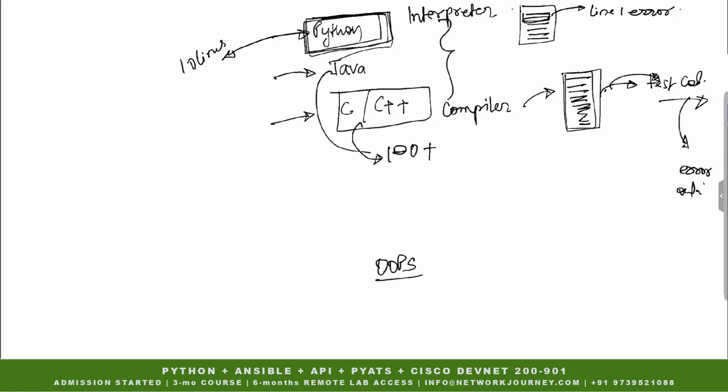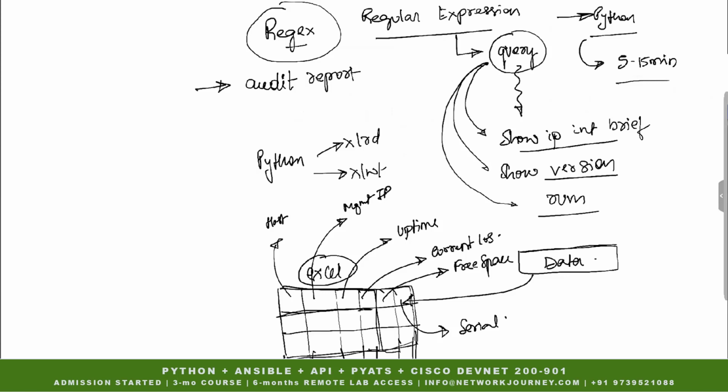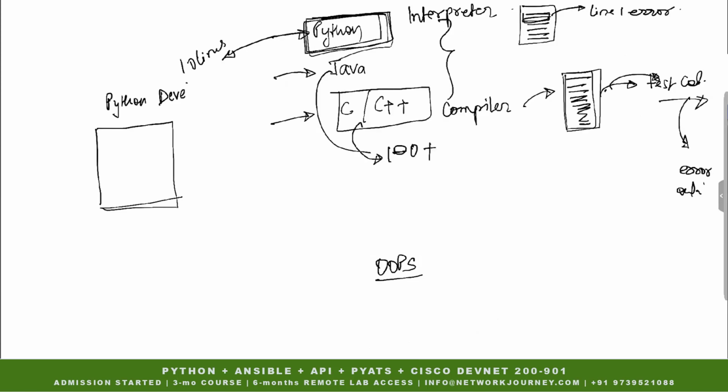All the features, let's say as a library developer, let's say there is a developer who is creating a library called netmiko. He has built the blocks for almost all the different features here.